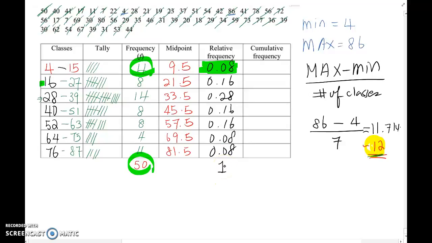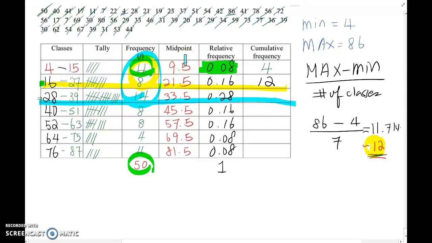The last column, cumulative frequency, which means you accumulate frequency values. As you see, the first class is only 4, but now the second class: we have these two values, right? Therefore, the total frequency becomes 12 here. Now, the third class then has 3 different frequency values.